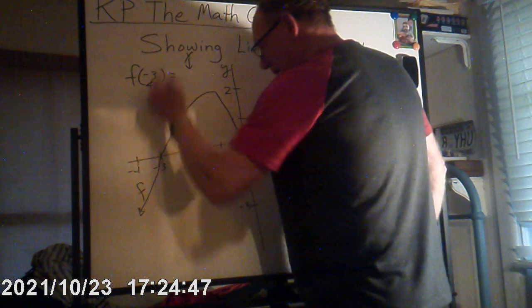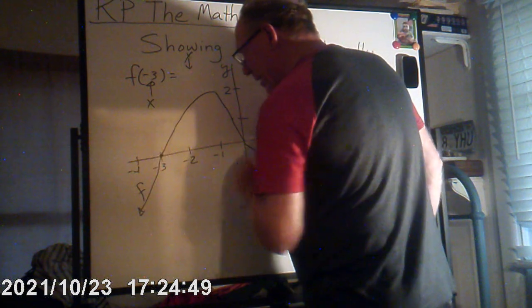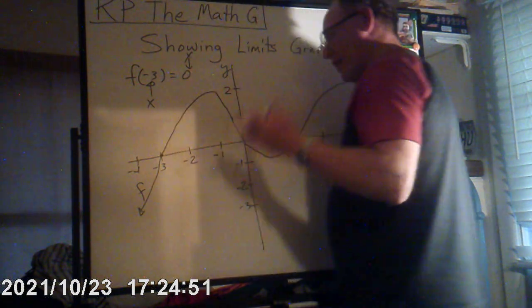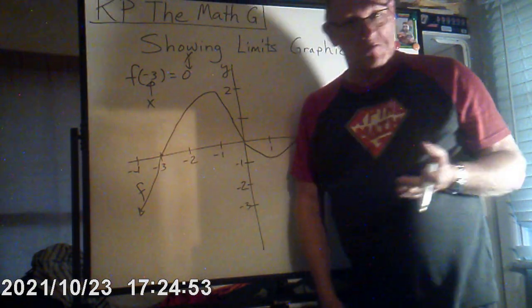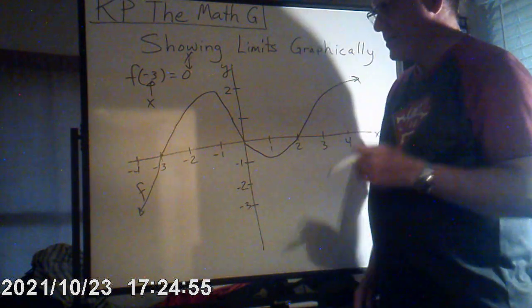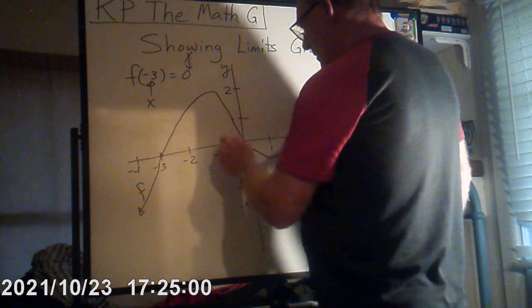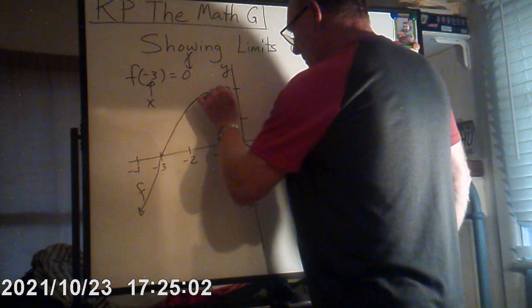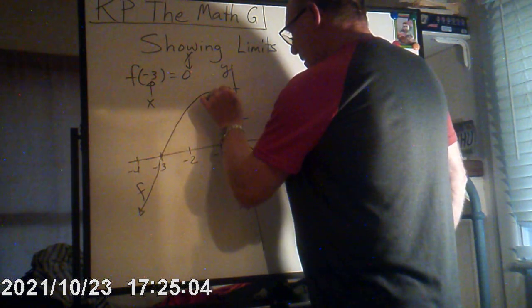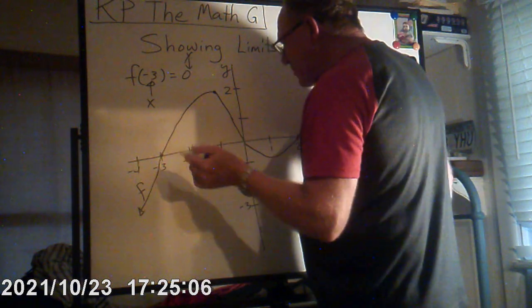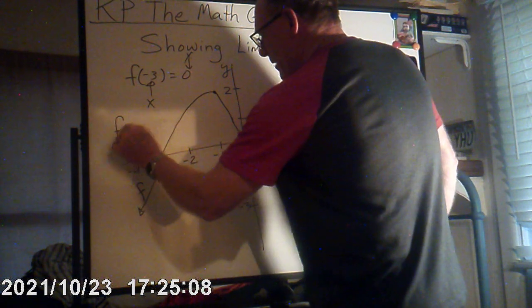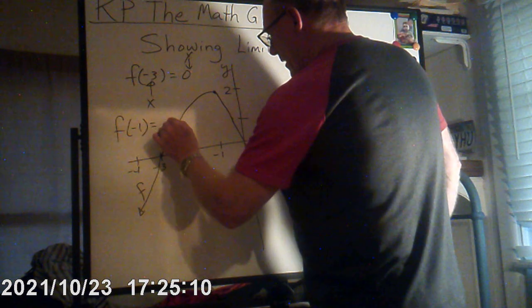So whatever the y value is, we know that that is 0. So f at -3 is 0. I kind of designed this, f at -1. I wanted it to appear to be at 2, so f at -1 is 2.